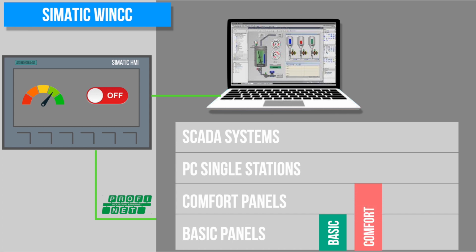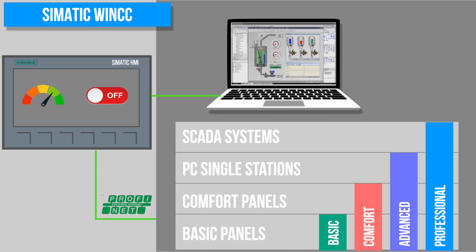WinCC Comfort is able to configure basic and comfort panels, since SIMATIC WinCC Advanced is used to configure HMI panels and PC single stations. SIMATIC WinCC Professional is used to configure and program HMI panels, PC single systems and SCADA systems as well.